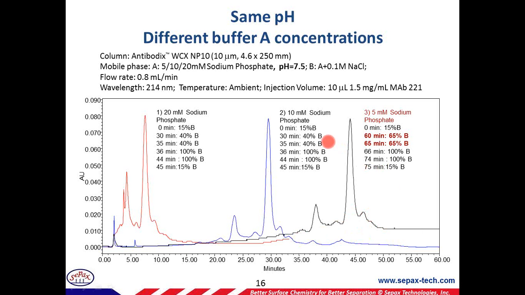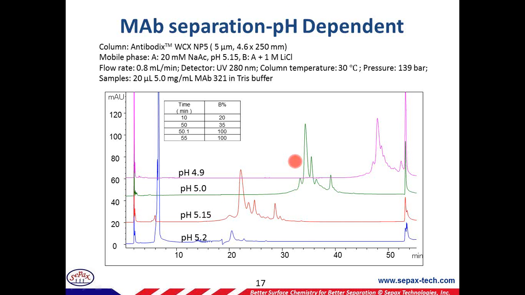It's highly recommended not to go below 10 millimolar of the buffer A salt concentration, because the system starts to lose buffering capacity. When you run the salt gradient, you want a consistent pH throughout your runs. So if it's not necessary, maintain at least 10 millimolar salts in the buffer A.